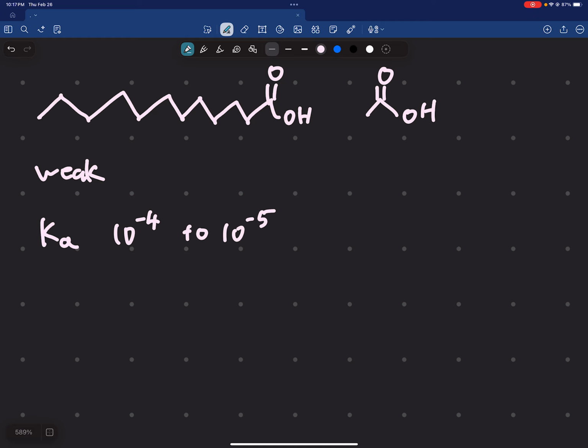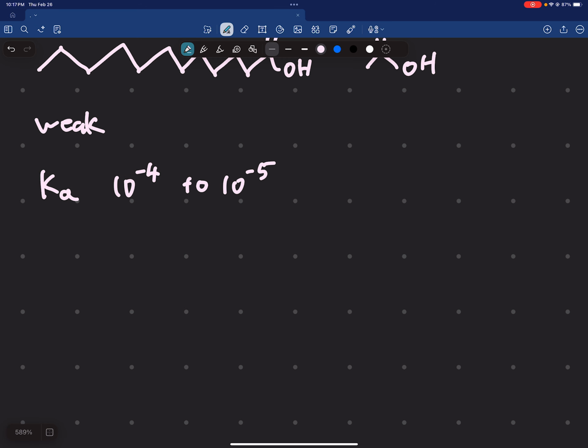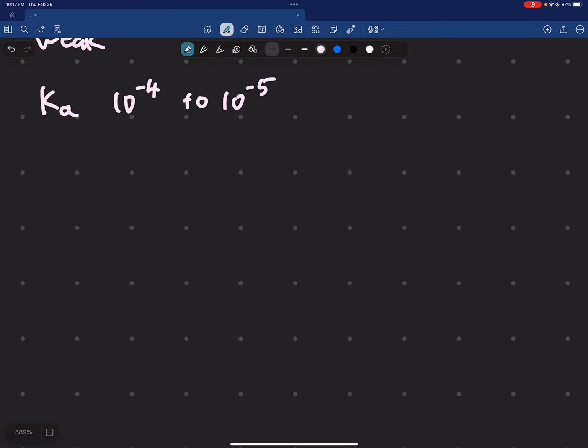The greater acidity of carboxylic acids relative to alcohols is because of delocalization of the negative charge of the carboxylate ion through resonance structures, and it will also be due to the electron-withdrawing inductive effect of the carbonyl group.